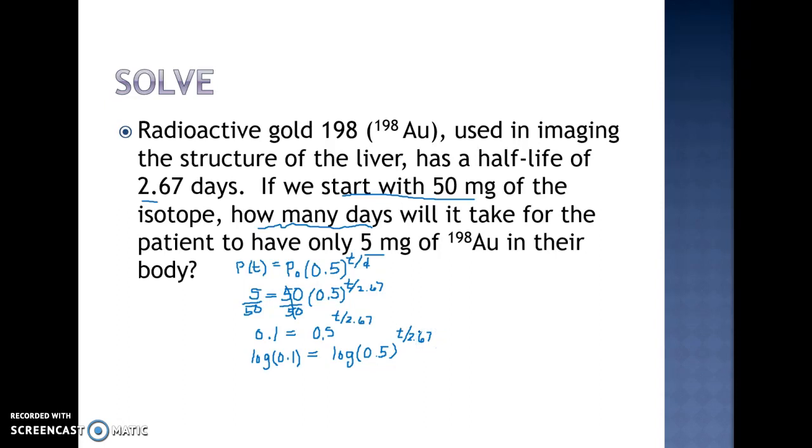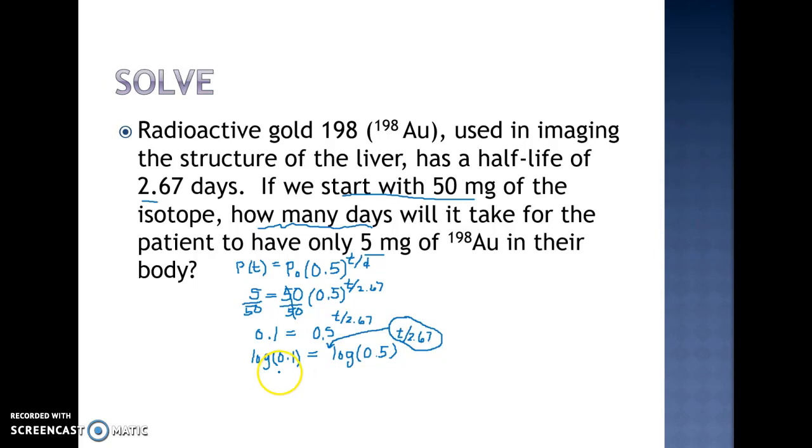Then we have our product property, which says once you've changed this into exponents, we will turn it into a multiplication problem by moving the exponent into the front.